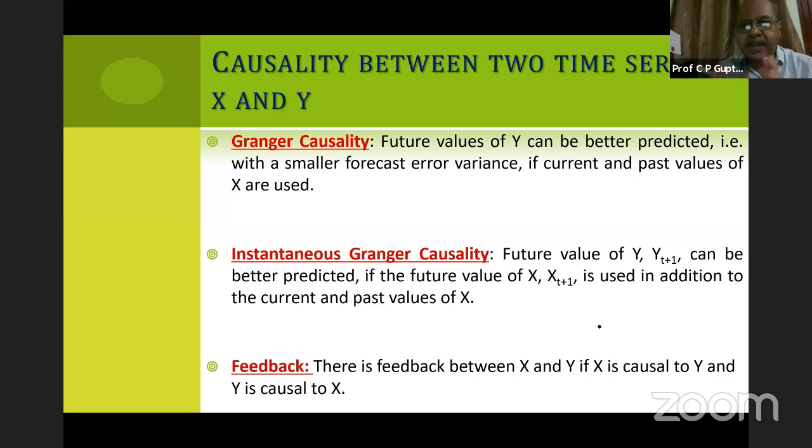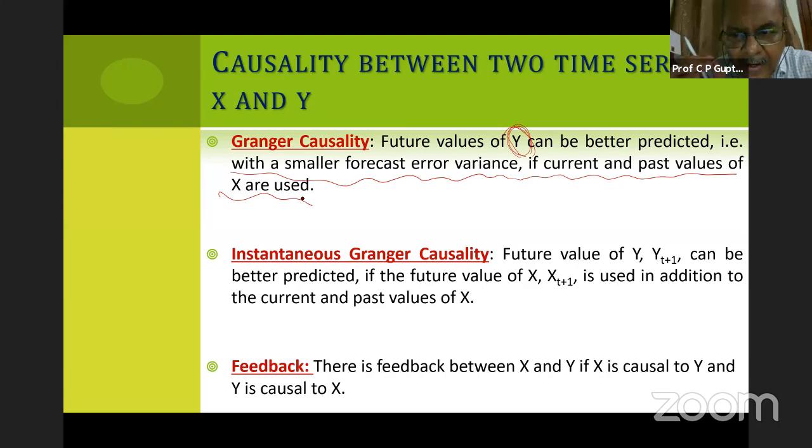Okay, so let's say when I say causality between two time series X and Y, what does it mean? Granger causality: future value of Y can be better predicted, with a small forecast error variance, if current and past values of X are used. Okay, that's what is called Granger causality. Then we have a concept of instantaneous Granger causality.